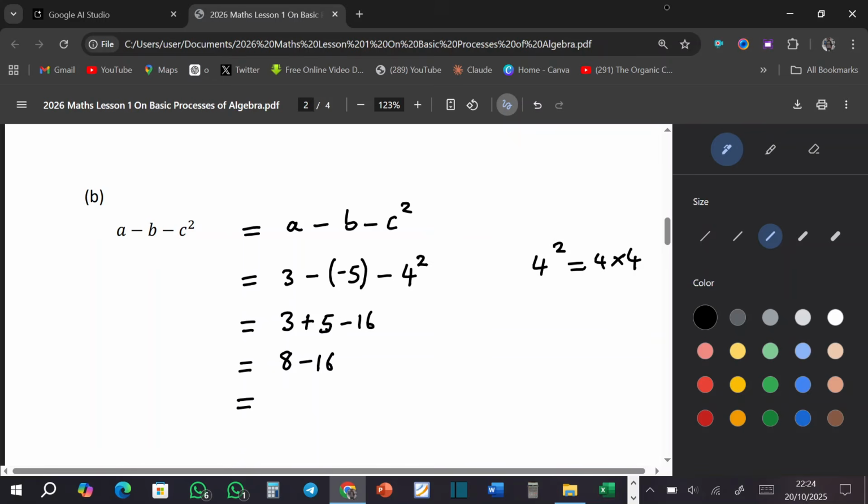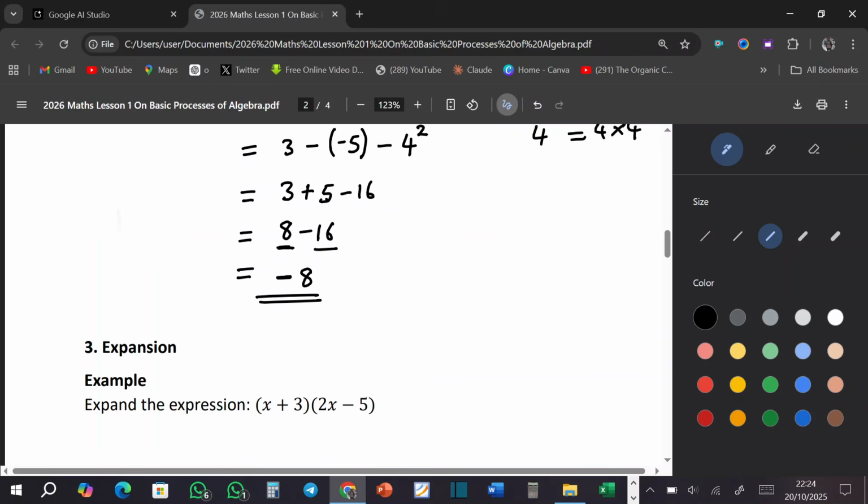So it means that when you are subtracting a bigger number from a smaller number, the final answer will be negative. Then you reverse the process where you say 16 minus 8, which is 8. That will be your final answer here.